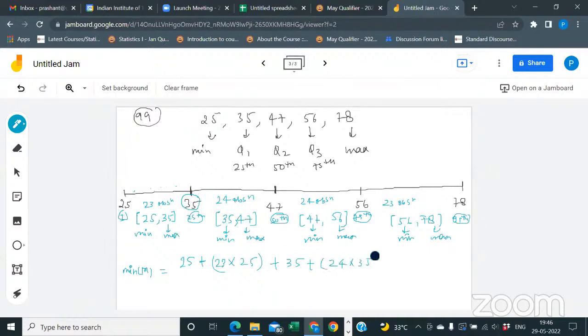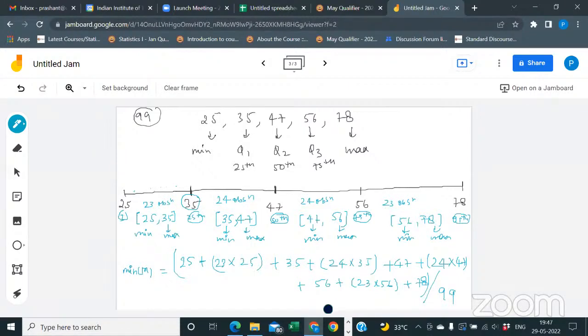The next one will be 47 plus 24 into 47, plus 56 plus 23 into 56, plus the last observation 78. The whole is divided by 99. By calculating this, you will get the minimum possible value.